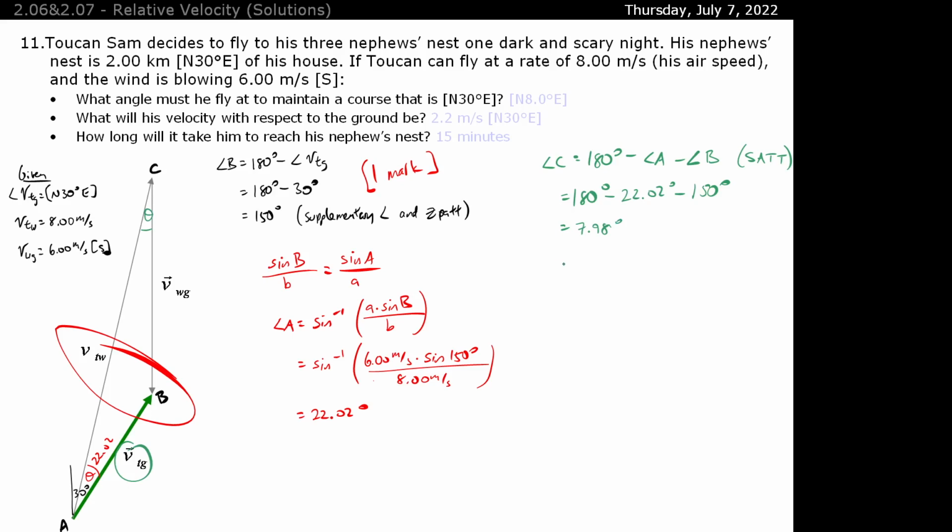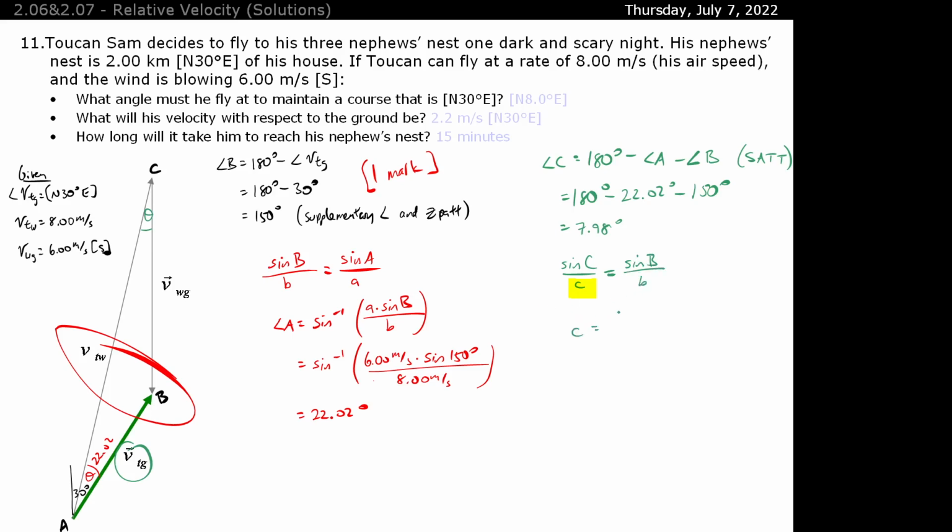Sine of capital C over lowercase c, and this is what we're trying to solve for. That is equal to another pair that we have. Which one's the least mucked around with? I'd say B. Sine of B over little b.